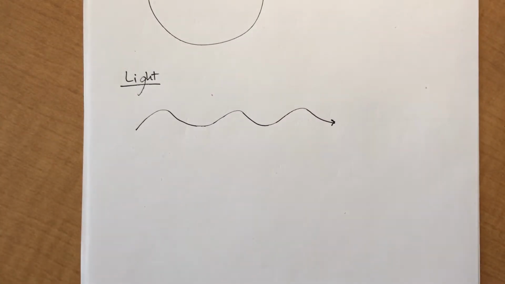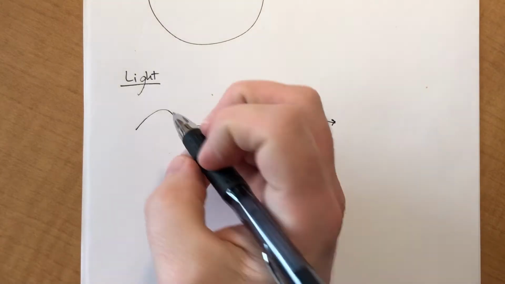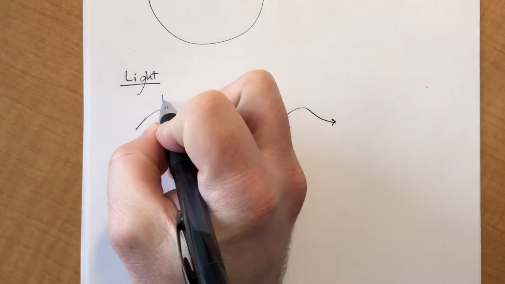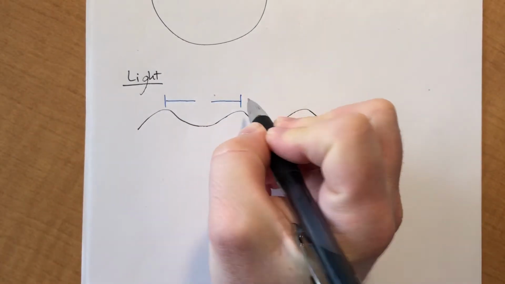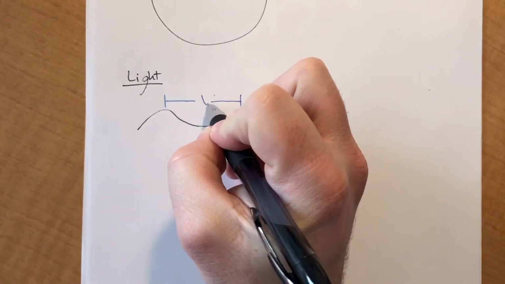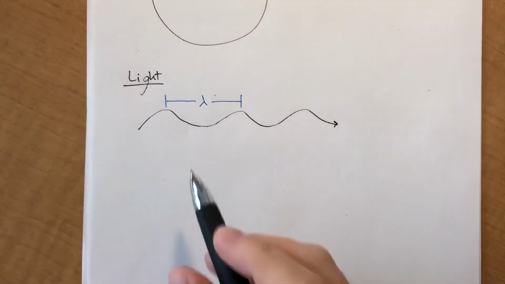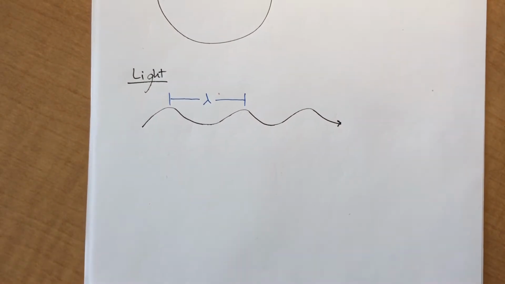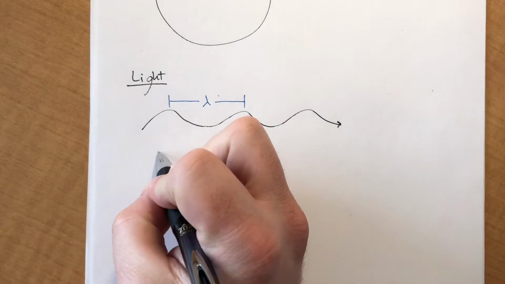Okay, a few things to define though. The distance between two peaks is called wavelength, and it's abbreviated as a lambda. It's a lowercase Greek L. We're going to start seeing a lot of Greek letters, sorry.